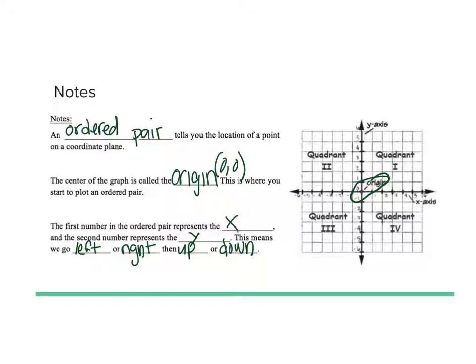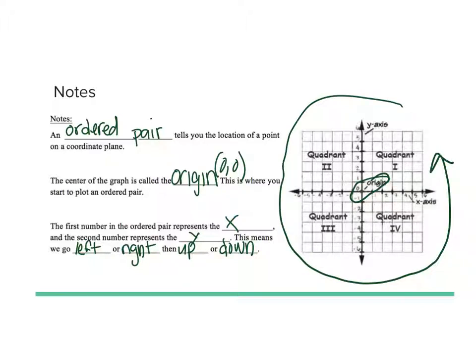So if we go back here and look, notice that my quadrants go counterclockwise, starting with quadrant 1. Some things you might want to know here: quadrant 1 has a positive x and a positive y.